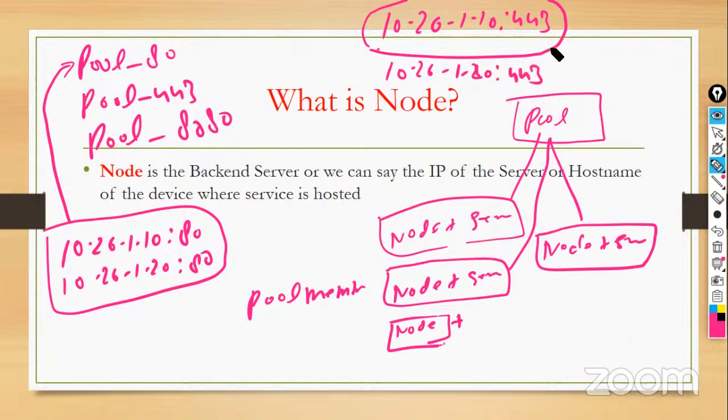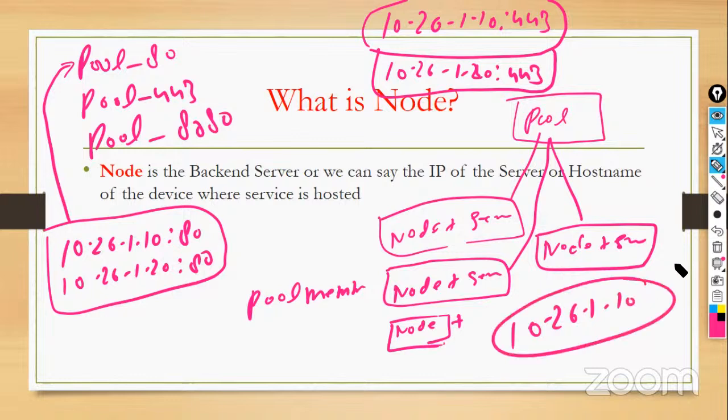So first of all, let me know, if we have this one server 10.26.1.10, can we use both services, 80 and 443, on the server? Yes or no? Yes, we can.